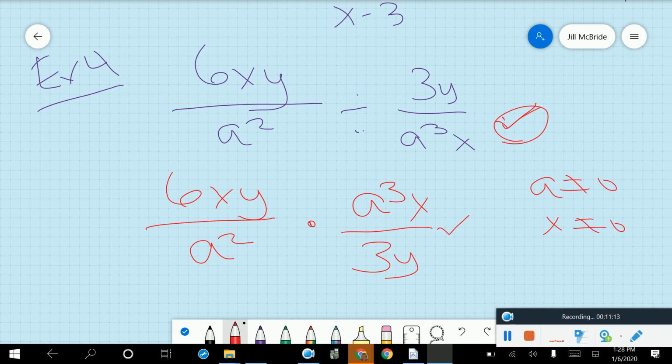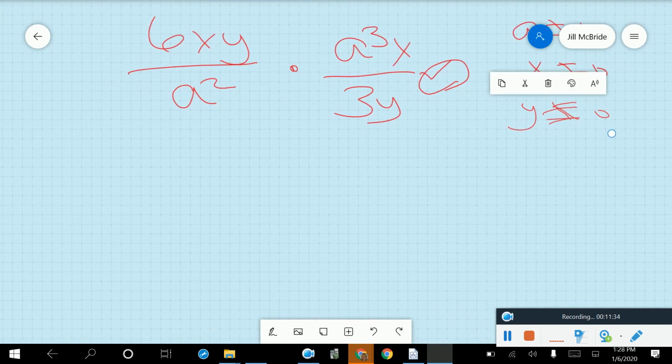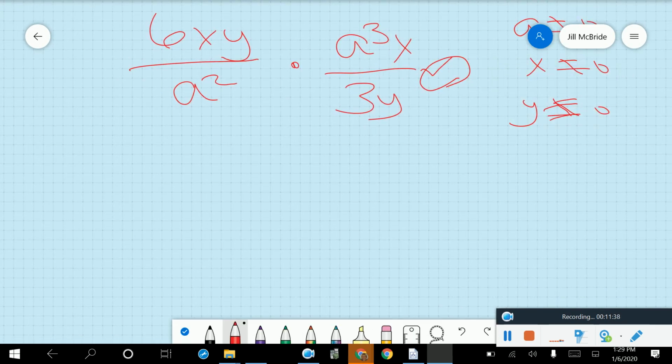Otherwise, both denominators would be 0. Now in this down here, when I flipped over the fraction, guess what now? Y can also not be 0. Because if y were 0, I wouldn't be able to flip over my fraction at all to do the multiplication. So those are my restrictions on my variables. I've got 3 variables. I've got a restriction on each one of them. Now, just because you have 3 variables doesn't mean everything has a restriction, but in this case it does.